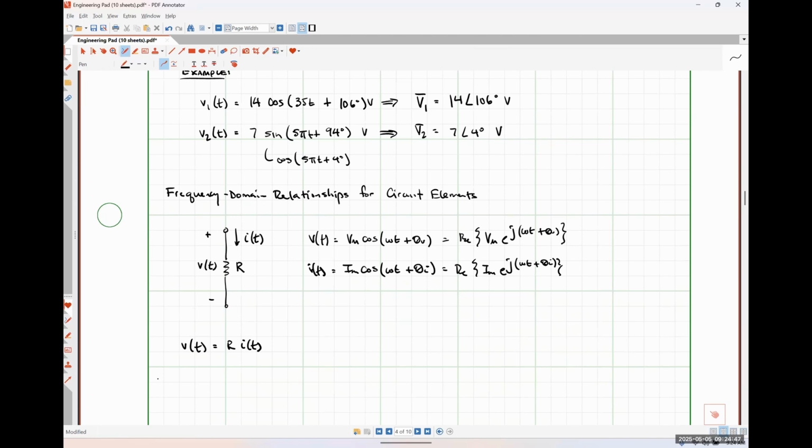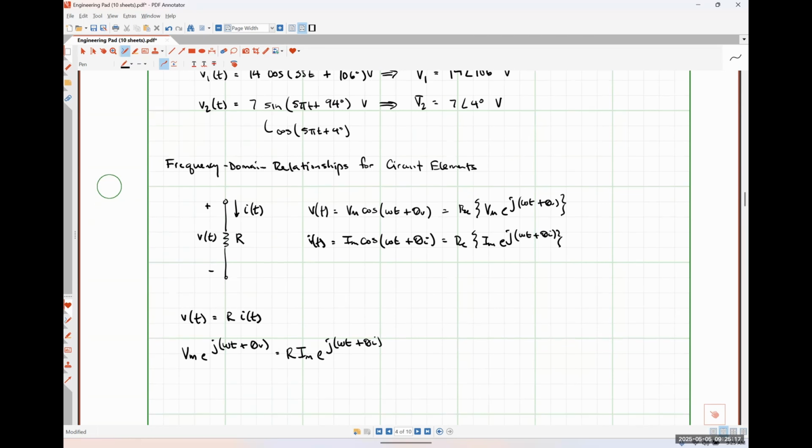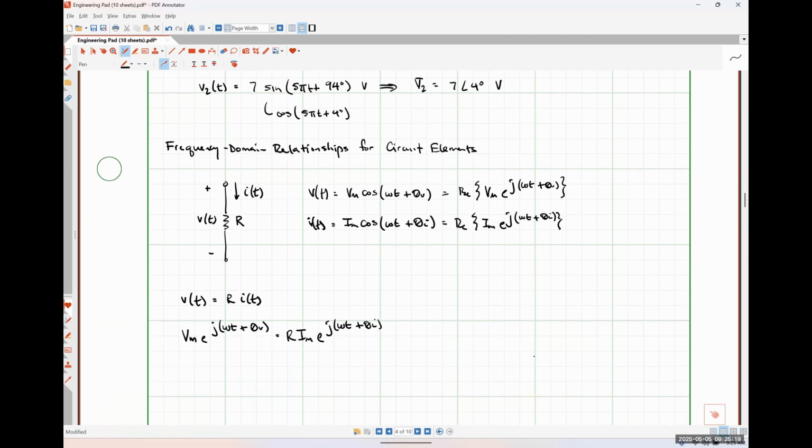So I'm simply going to substitute in here, but I'm going to substitute using that complex representation. So on the left-hand side, I would have Vm e to the j omega t plus theta v is equal to R times Im e to the j omega t plus theta I. And what I'm going to do now is split those exponentials into more digestible pieces.